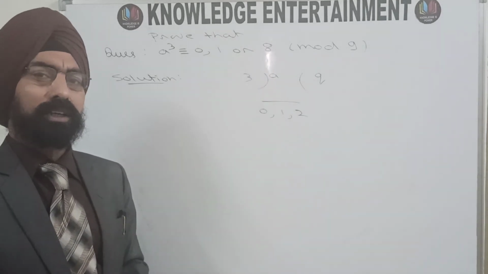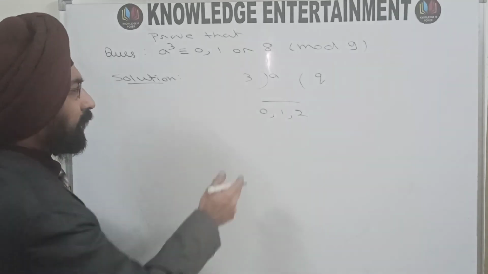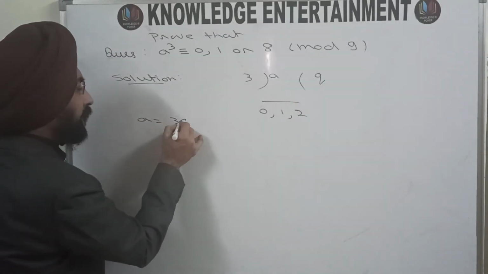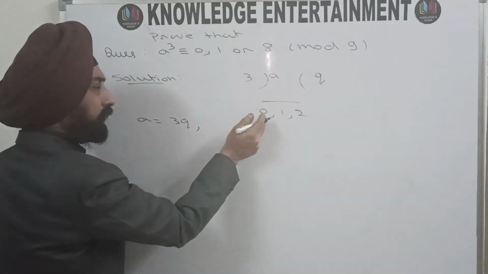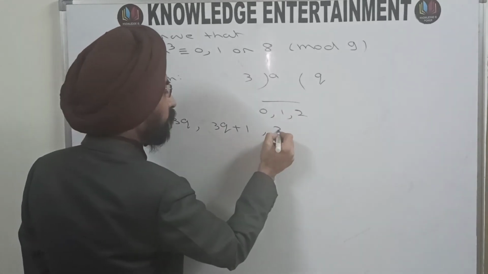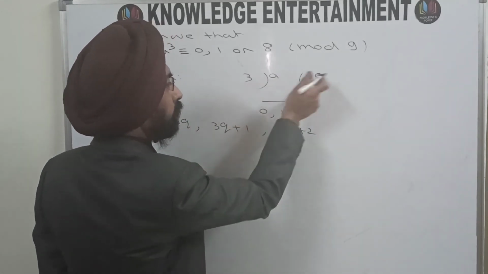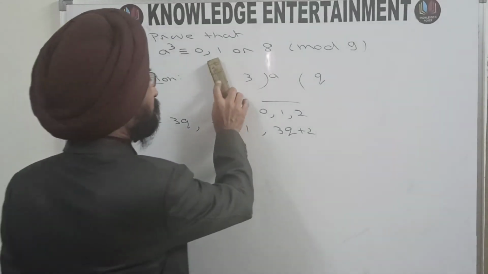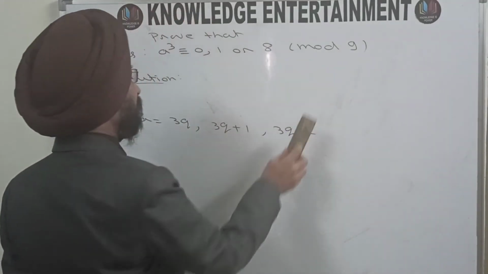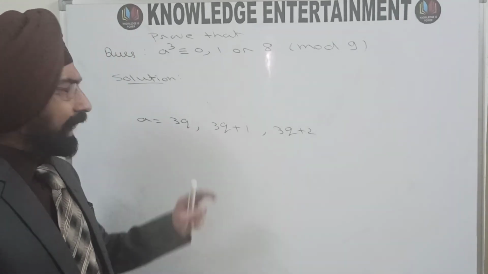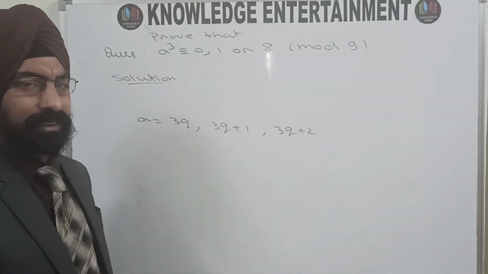You can have remainder 2. So every natural number can be written like either 3q plus 0, or 3q plus 1, or 3q plus 2, and we will consider all these 3 cases.